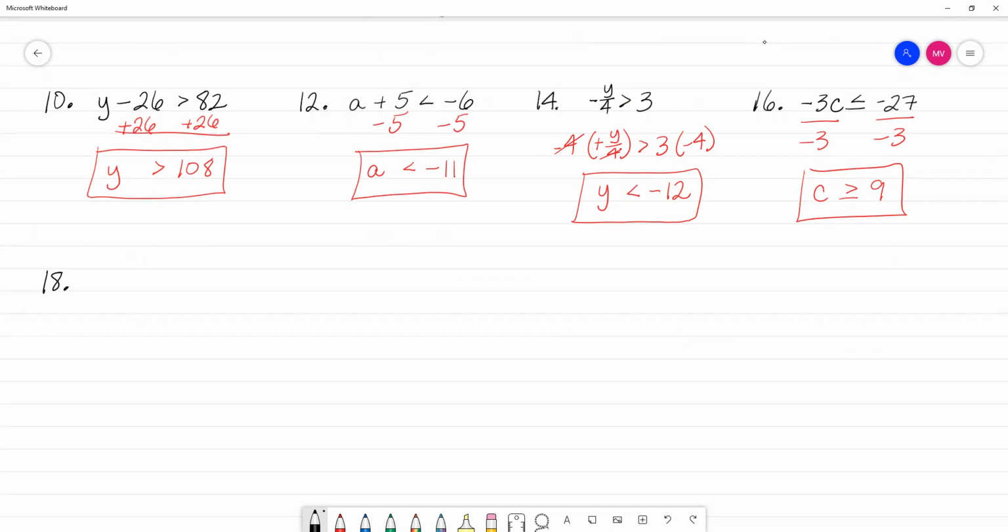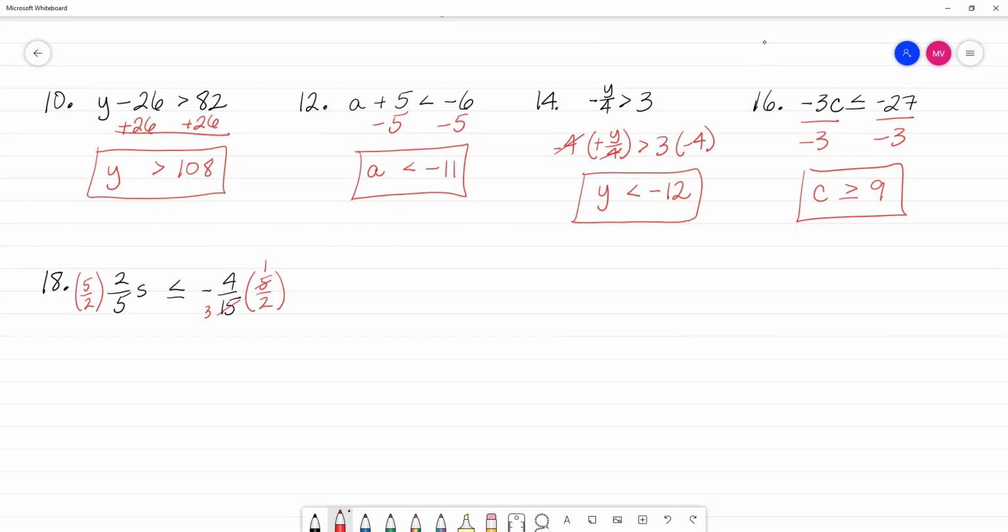So for number 18, we have 2/5 times s is less than or equal to -4/15. So what do we do to isolate our variable? Yep. So you multiply times the reciprocal to both sides, 5/2. Which is nice because when you write it that way, then you see you can just cancel out.